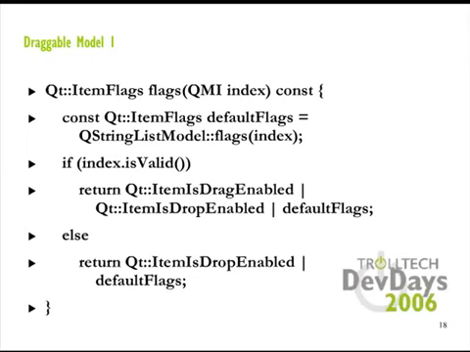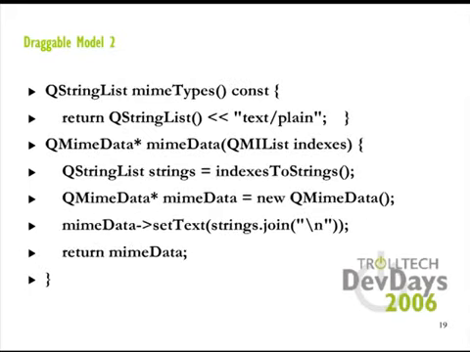Plus, we can do whatever it is. If not, then all we can do is drop on it. This is the case if you're outside the list of items you have, or if you are in between them. Then it's false, and you go down here. In that case, you can obviously only drop on it because there is nothing to drag.